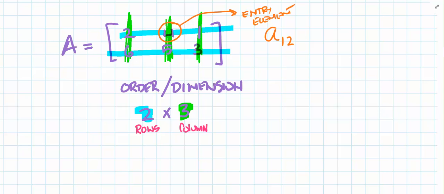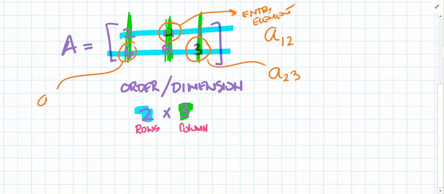What would this one be? Row 2, column 3. Very good. How about this one over here? That'd be row 2, column 1. Very good. What about this one here? Row 1, column 1.